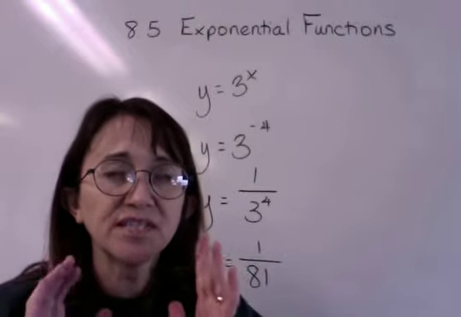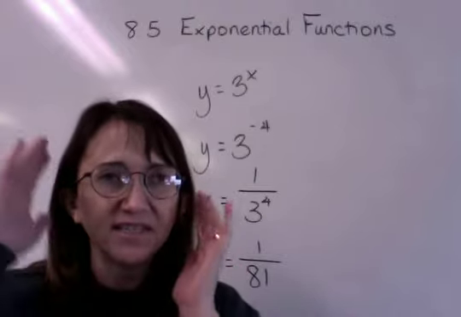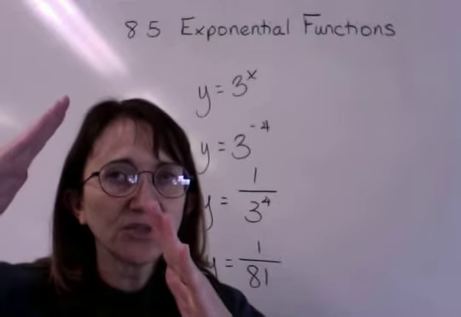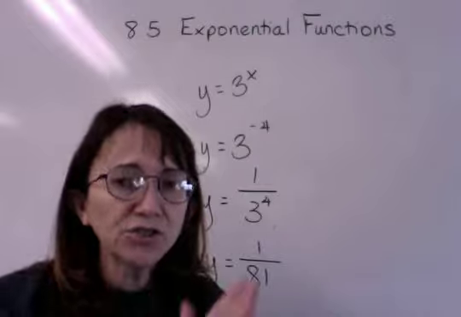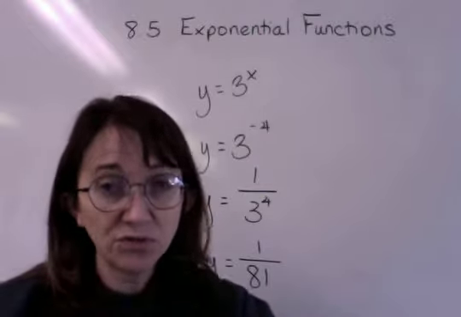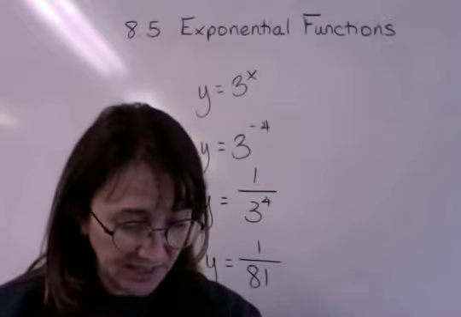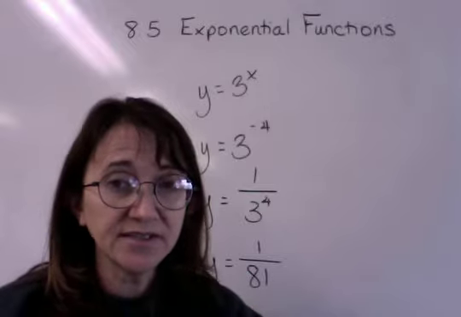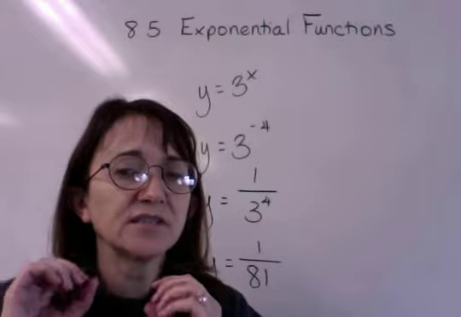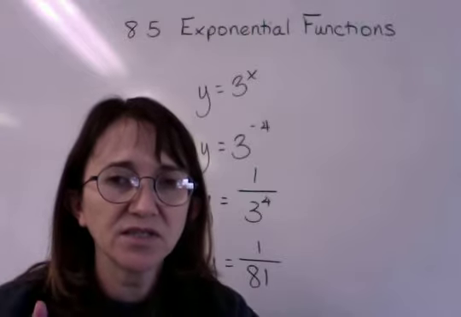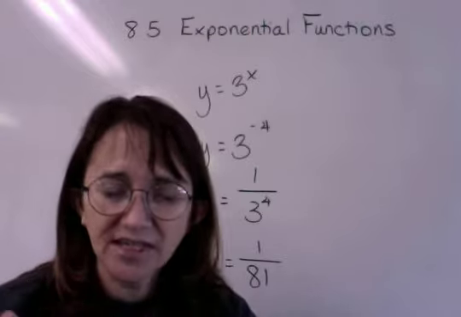You need to think, if it's an exponential function, my x is going to be the exponent. And so y should be increasing or decreasing. It shouldn't be just staying the same. And it should be increasing or decreasing by an exponent. You just need to think that out.